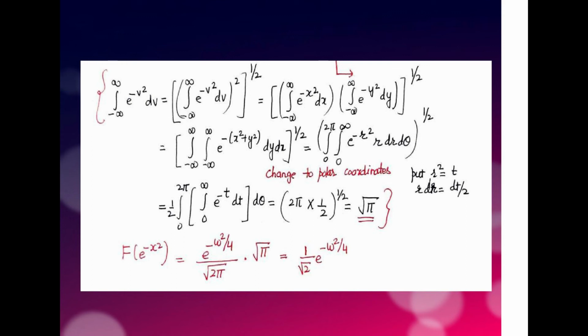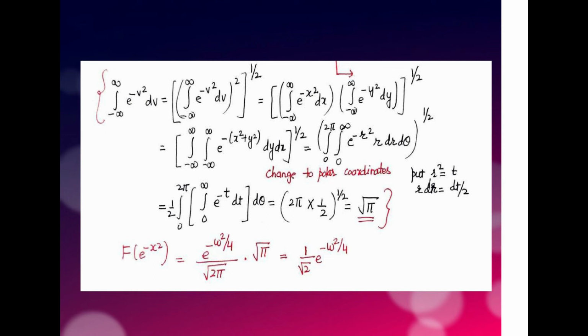Now we change everything into polar form. x equal to r cos theta, y equal to r sin theta, and using the Jacobian, dy dx will be replaced by r dr d theta, with e raised to power minus r square. We are integrating over the whole xy plane, so r will change from 0 to infinity and theta will change from 0 to 2 pi.